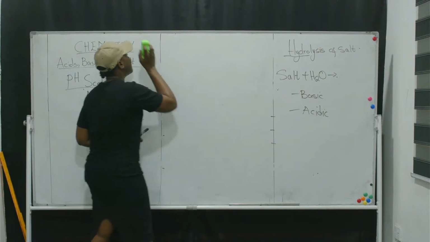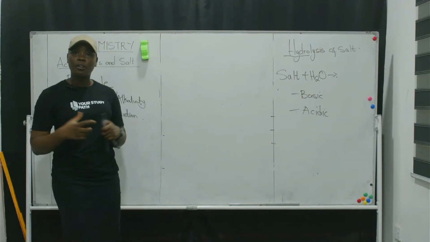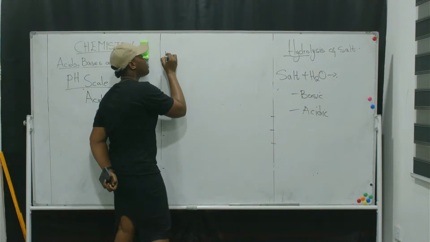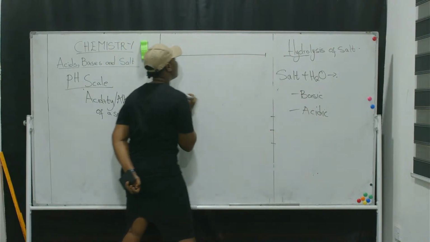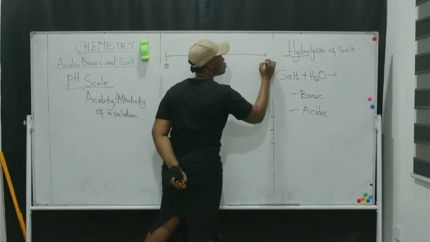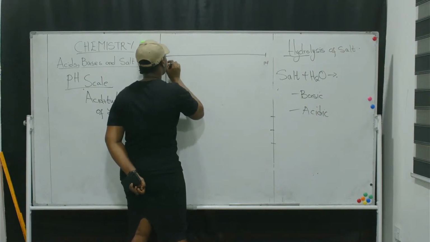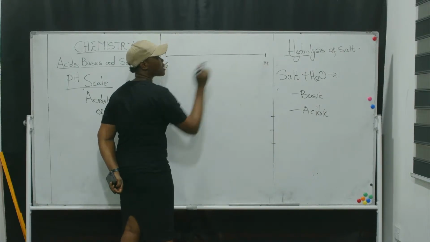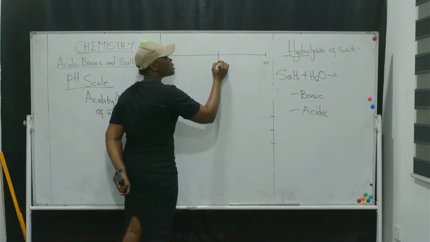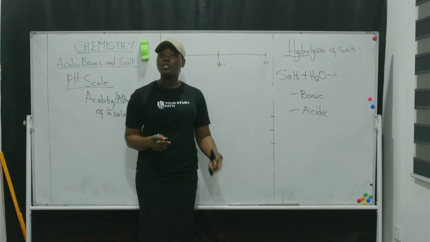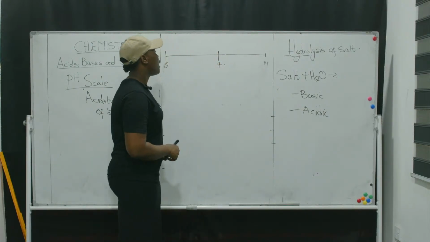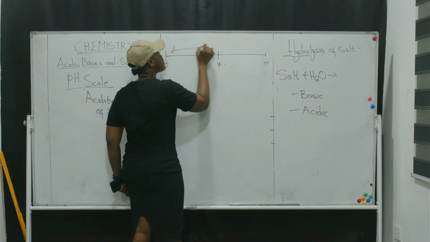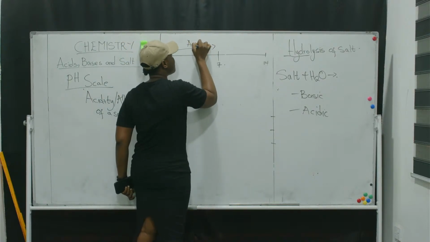As I said earlier, it is a measured scale. That means the pH scale is from 0 to 14, and the middle is 7.